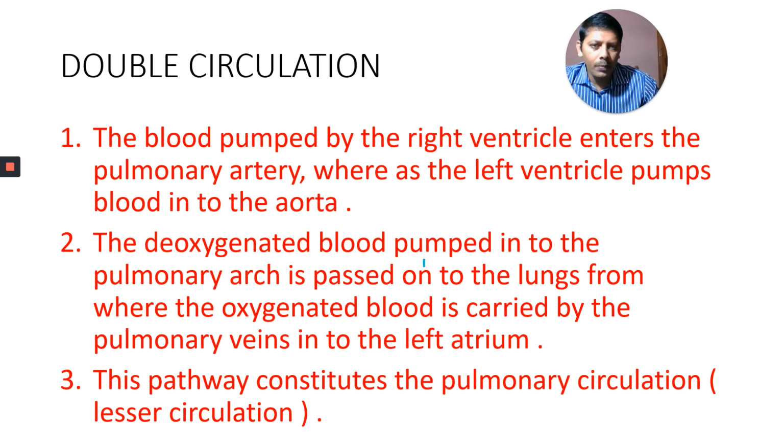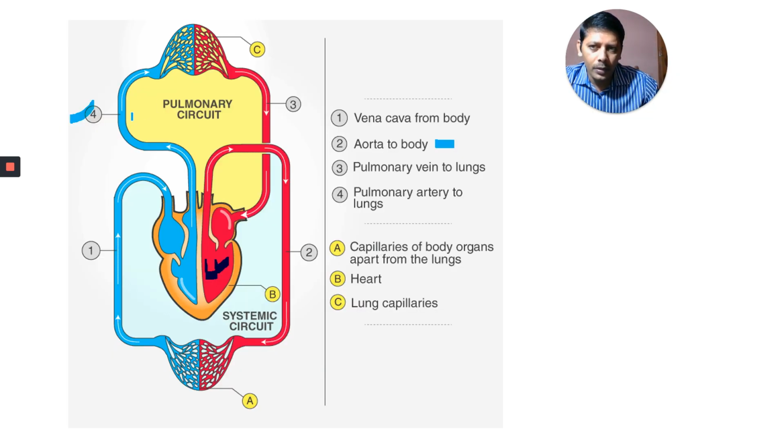The deoxygenated blood pumped into the pulmonary artery is passed on to the lungs. This is the deoxygenated blood, the blue color one, and here oxygenation of blood takes place.